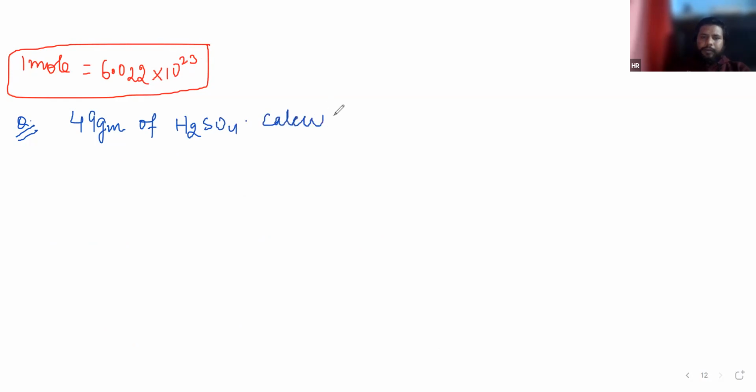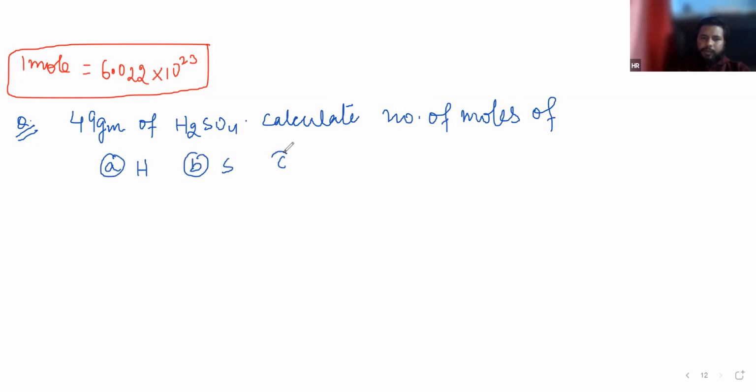Calculate the number of moles of first hydrogen, B part sulfur, C part oxygen. We need to calculate the number of moles of hydrogen, sulfur and oxygen.